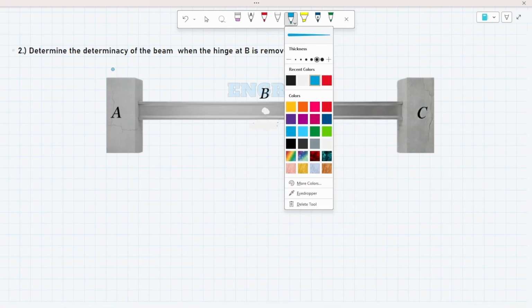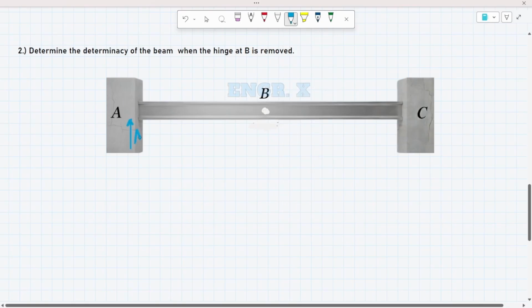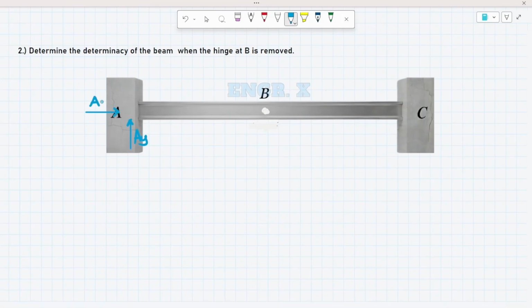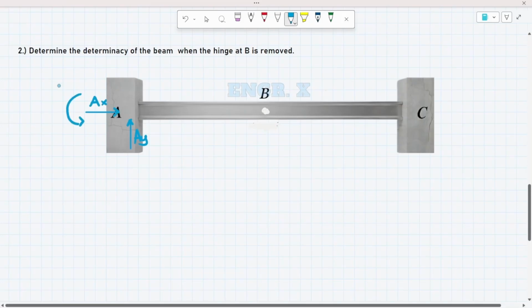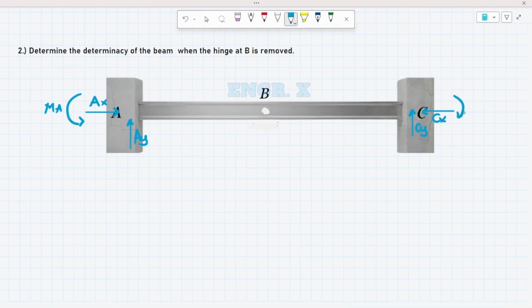Kasi natanggal na yung hinge sa B. First, identify the number of unknowns. The same, AY, AX, then MA. On the other side, CY, CX, and MC.